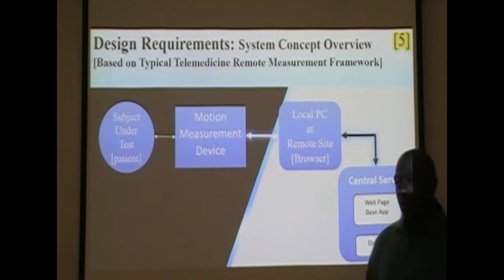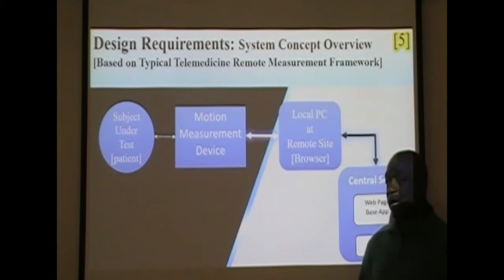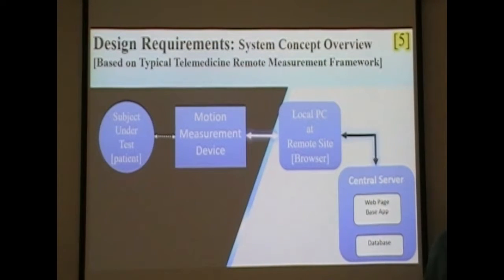One of the design requirements given to the team by our sponsor, Dr. Kondrasky, was to take a subject, and test the subject using a motion measurement device that we'll discuss later. The information from these tremors will be sent to a local PC, and from there it will be able to be accessed from a central server through a web page.